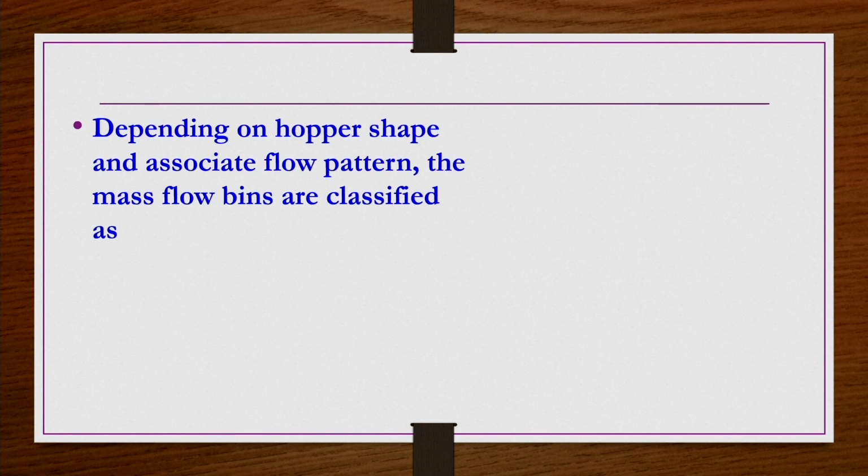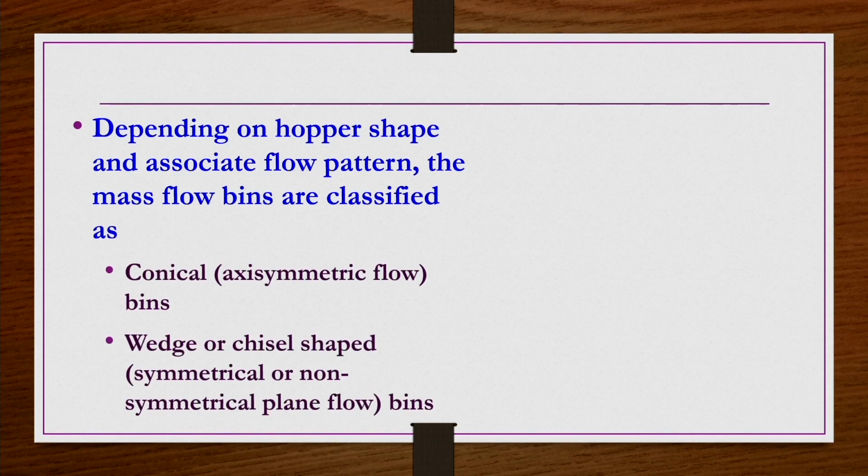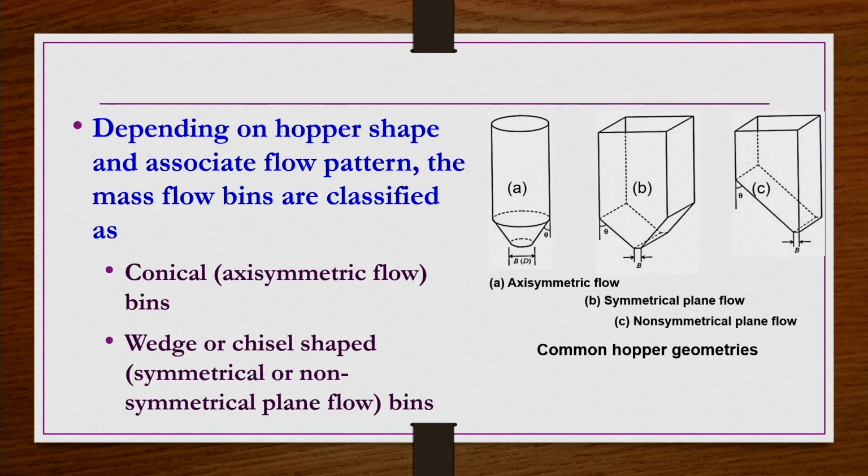Depending on the hopper shape and the associated flow pattern, the mass flow bins are classified as conical bins and wedge or chisel shaped bins. These conical bins are also known as axisymmetric flow or axisymmetric hoppers, which we have already seen here.